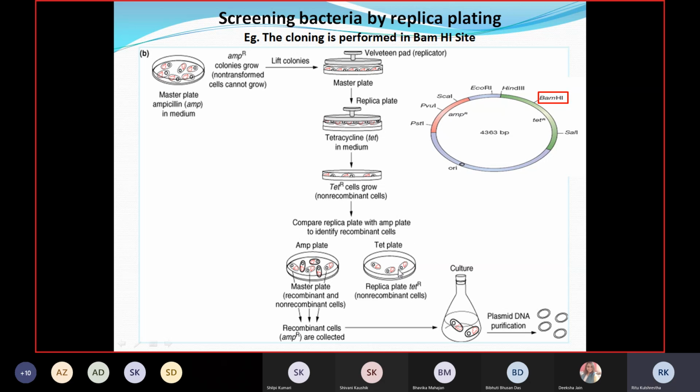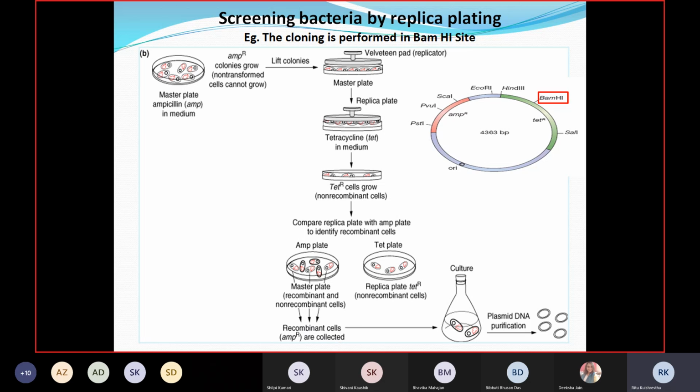Then I can compare my original plate with this plate, and I can identify the bacteria which are not present here. This and this are not present here. It means these ones in my original plate were the recombinant cells, that is the bacteria which has taken up the recombinant plasmid.